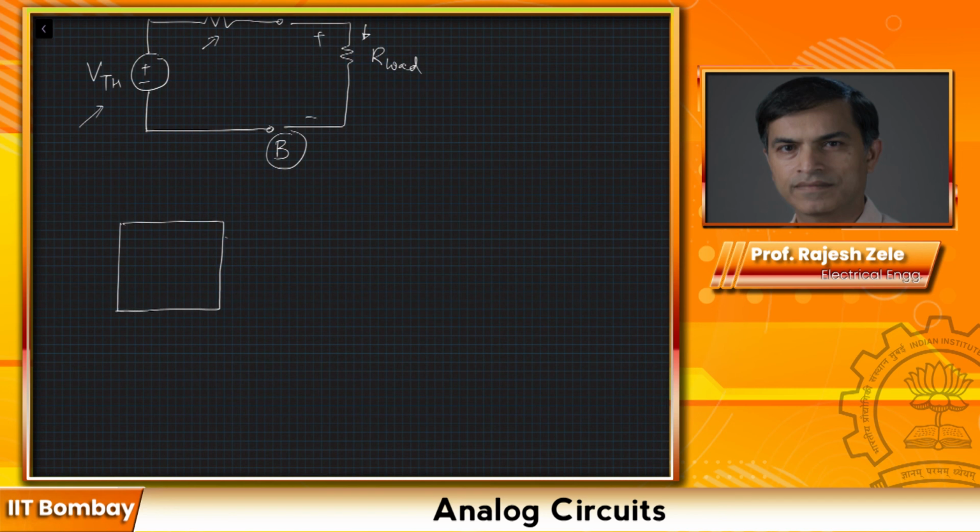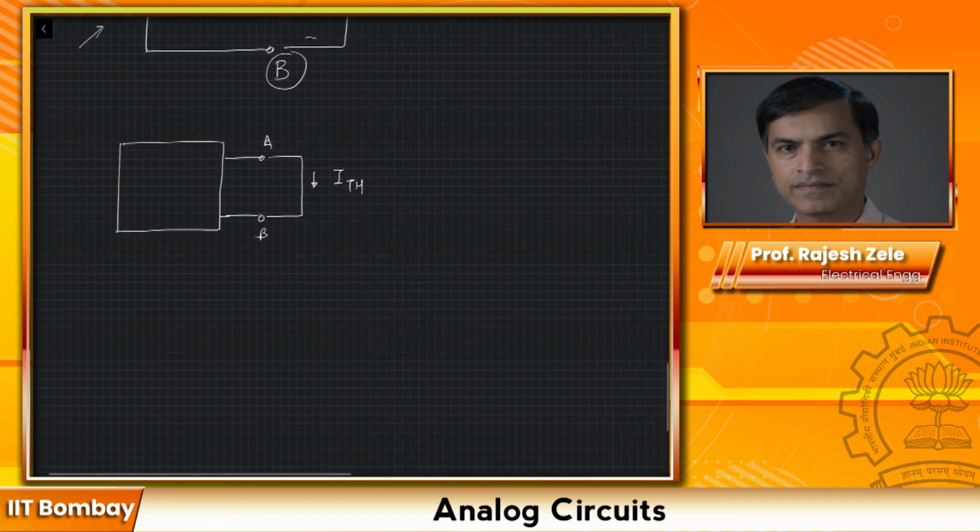The flip of Thevenin's theorem is Norton's theorem, where we would pretty much do the opposite. Instead of a voltage source, we would like to have a current source. So there, we would take this complex network, with nodes A and B, and we would short them and measure the current ITH flowing through. Then the second thing you would do is measure RTH, which I have already explained how to do.